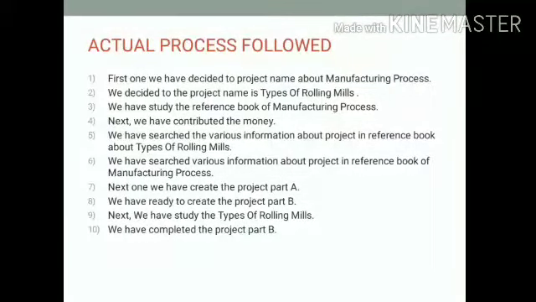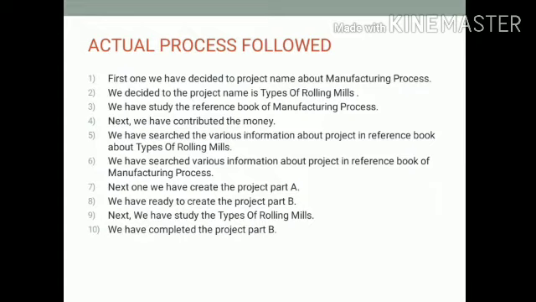The actual procedure followed. First, we decided the project topic, manufacturing processes. Second, we decided the project name, types of rolling mills. We studied the reference book of manufacturing processes. Next, we contributed money for this project.